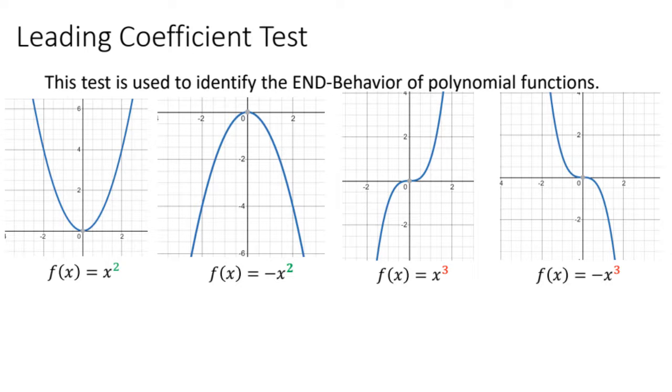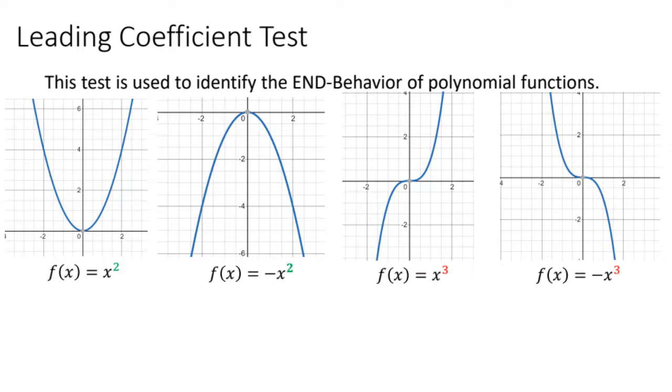Okay, with these 4 graphs in front of you, we can determine how the behavior of the graph is and how it's going to look. The leading coefficient test tells us to look at the leading coefficient.